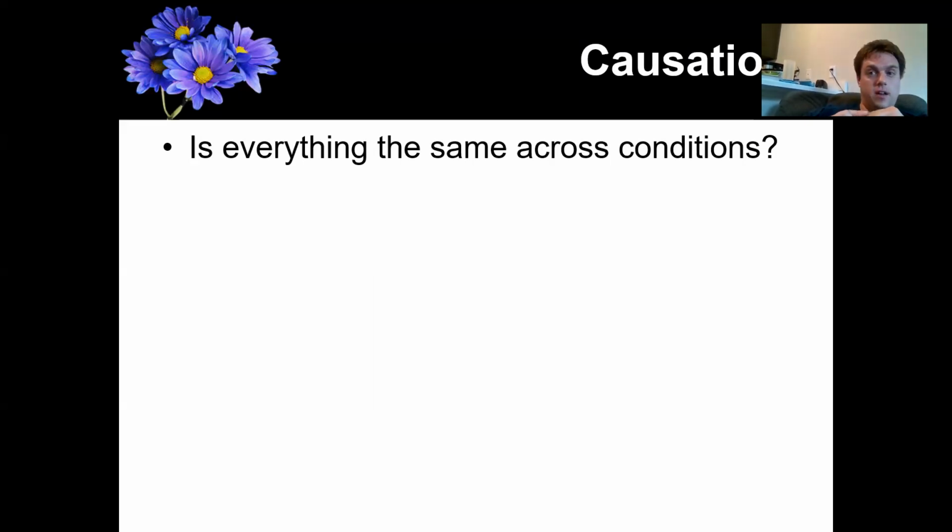So if nothing else is changing except what we're manipulating, then any effect we observe has to be due to our manipulation, right? Just keep that in mind. We'll say that one more time. If we keep everything the same across conditions and only manipulate one thing, then that one thing has to be causing the change, right? Nothing else is changing. Except for confounds, and we'll come to that later.